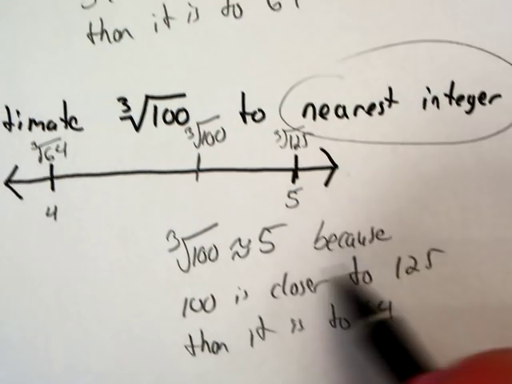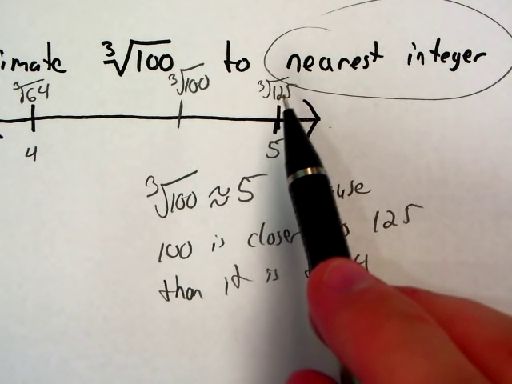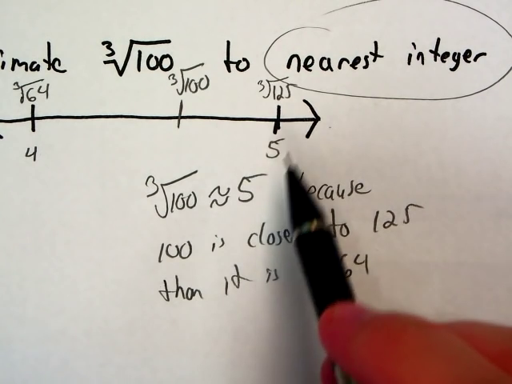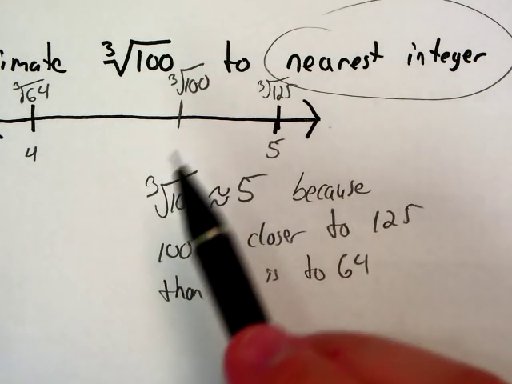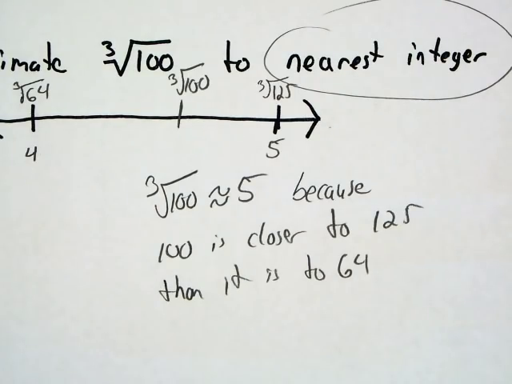So because 100 is closer to 125, well, the cube root of 100 would be close to the cube root of 125, which would be about 5. In reality, this is probably about 4.6-ish. But the estimate we would say is about 5.